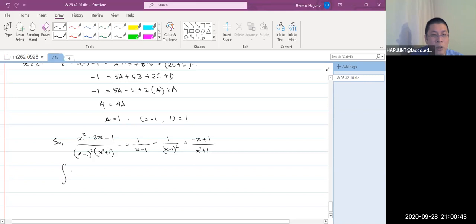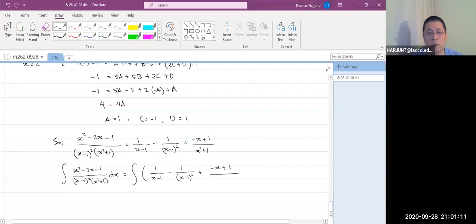Therefore, the integral of x squared minus 2x minus 1 over (x minus 1) squared times (x squared plus 1) dx equals the integral of 1 over x minus 1, that's easy, minus 1 over (x minus 1) squared, that's easy, plus negative x plus 1 over x squared plus 1 dx.